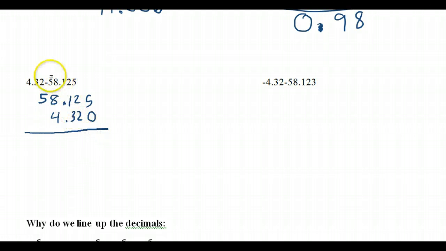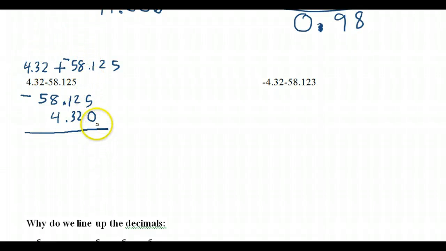And then we look at it and see we have a positive number, and we want to treat this one as a negative. Remember, when we have adding integers, we have 4.32 minus 58.125. And whenever we subtract, we want to always put a plus there and a minus there. That allows us to say, okay, this is a subtraction problem because one is positive, one is negative. They are opposite signs. So this is subtracting.